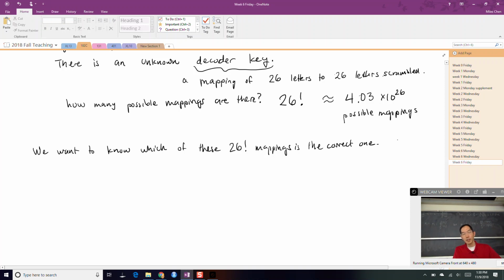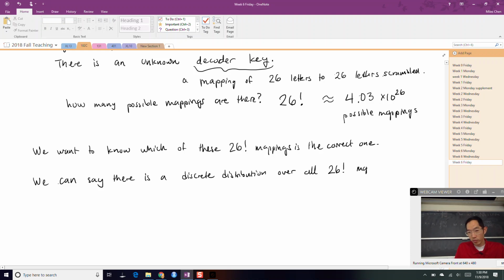Effectively, we can say there's actually a distribution, a discrete distribution over all 26 factorial mappings, okay?